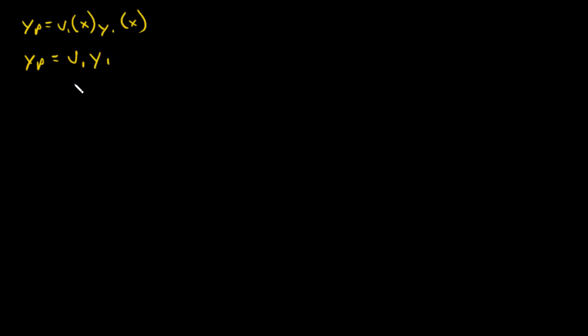Okay. So you mind if I get rid of this p? It's going to make dealing with the math a lot faster. So y is equal to u1 y1. Okay. Now, if I take this as my y, and my function was dy dx plus p of x y equals f of x, well then I can plug in.